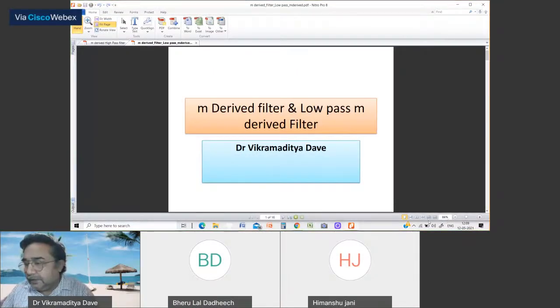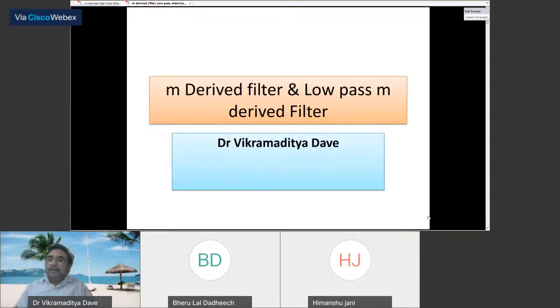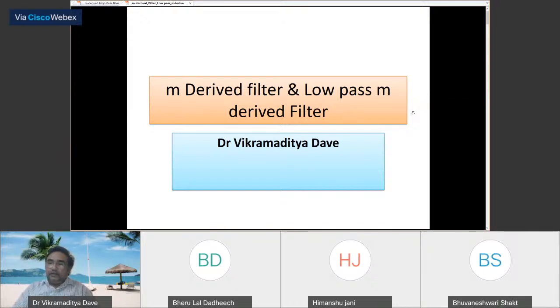Basically, we were talking about the M-derived filter fundamentals, and then we talked about the M-derived low pass filter. Let me go through it quickly.